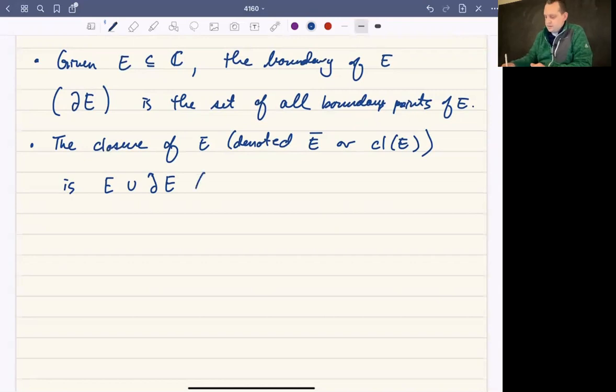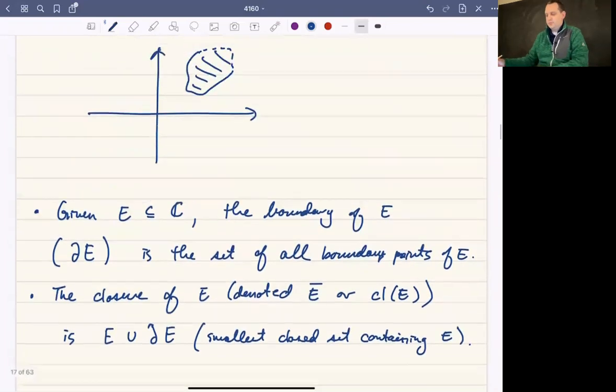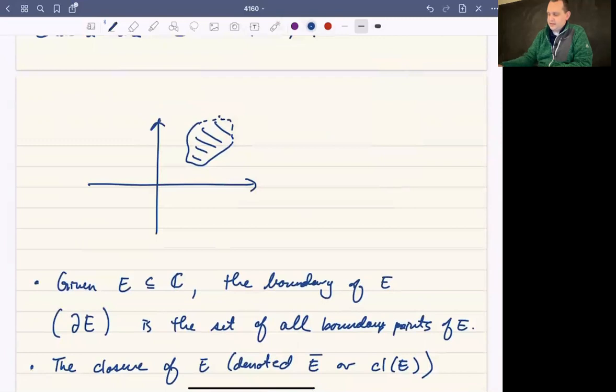This is the smallest closed set containing E. What I mean by smallest is that any other closed set containing E has the closure of E as a subset of it. So for example, if I were to take this set, the closure would be just filling in all the boundary points.